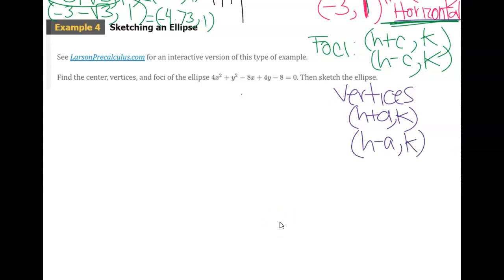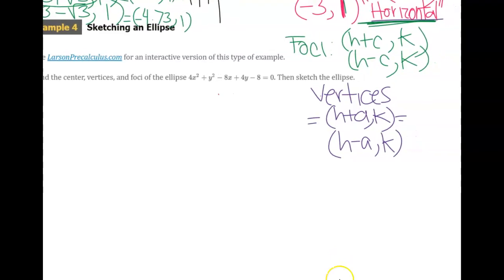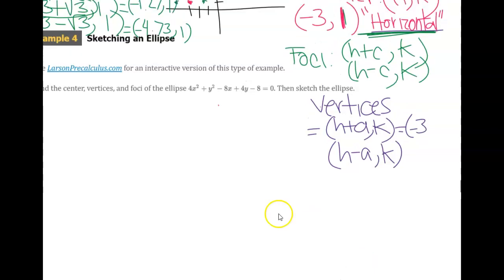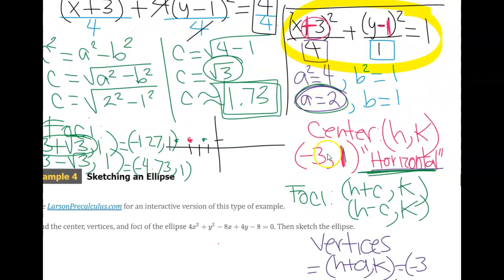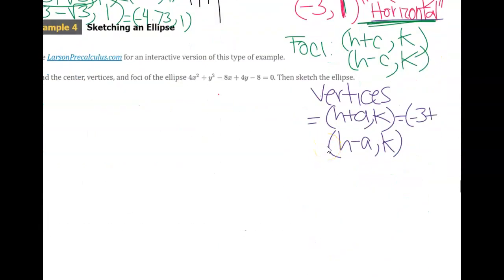So the vertices will be at, well, I'll write it on the side. So there will be negative 3. The value for a was 2, so it's going to be negative 3 plus 2, comma 1.